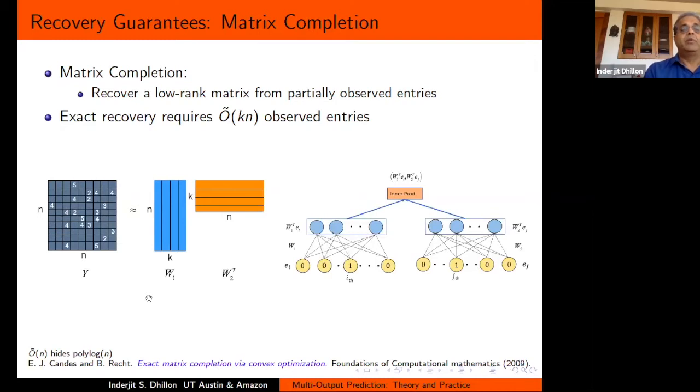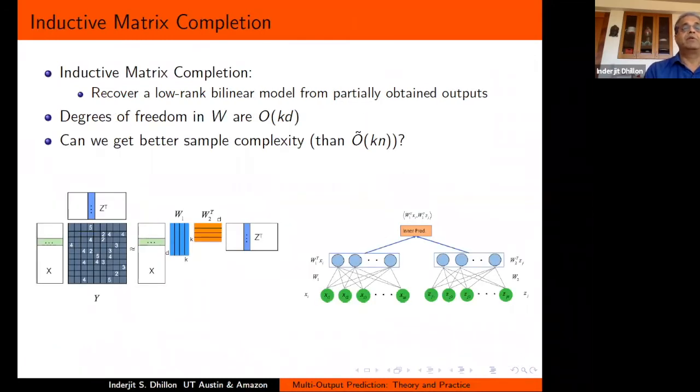So what about in the case of inductive matrix completion? The question is that the matrix itself might be very, very large. You may have observations on hundreds of millions of users. You may have observations on, let's say, a million movies.